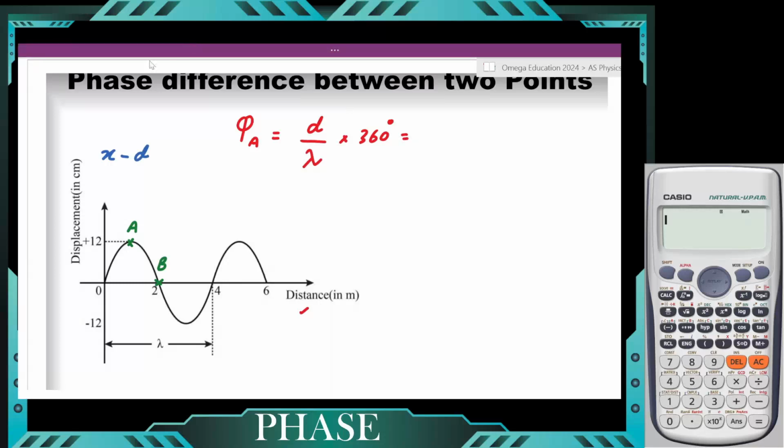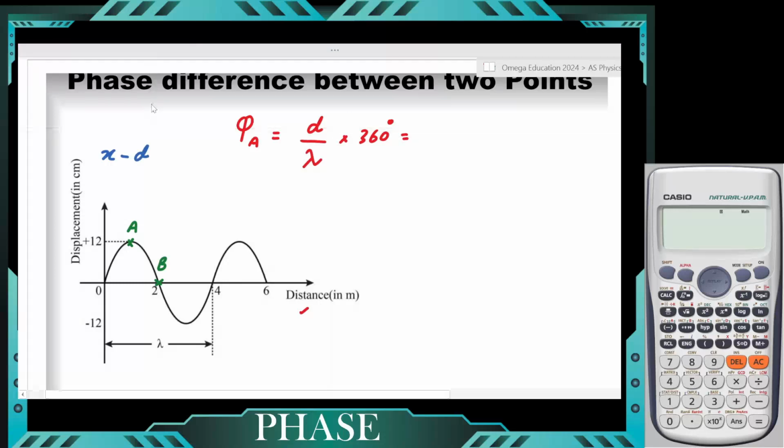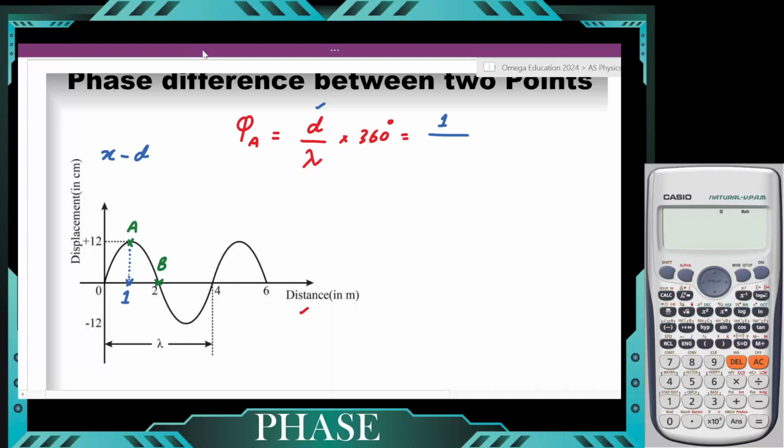So the distance of the point A, as you can see clearly, it's exactly in the middle of 0 and 2. It's at a distance of 1 meter from the source of the wave.